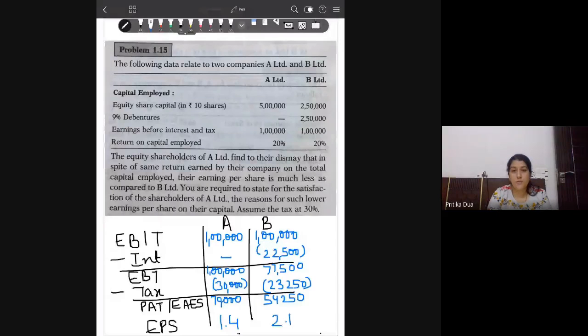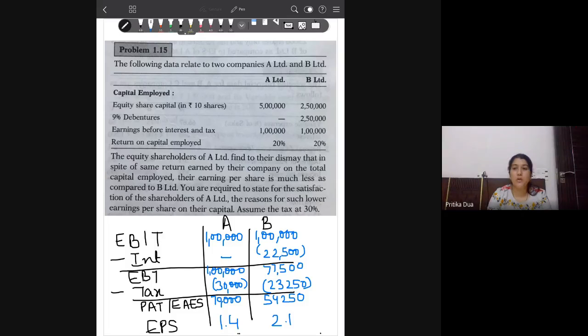Earnings available to equity shareholders, EAES, is actually calculated after deducting the preference dividend from profit after tax, but since there are no preference shares, your profit after tax is earnings available to equity shareholders.